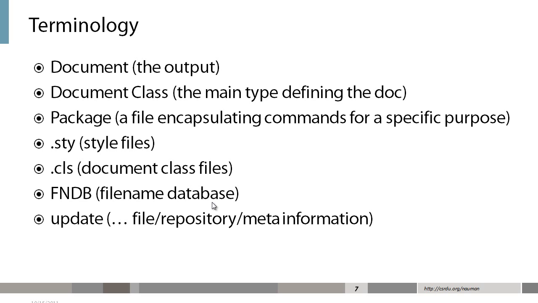For example, the IEEE has defined their own document class for their transaction journals. ACM has its own special interest group class file, which you can use to typeset ACM proceeding format documents. So those are the things that you basically use to define what your document is going to be.